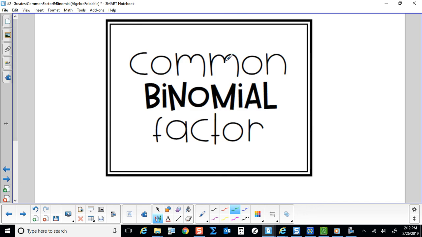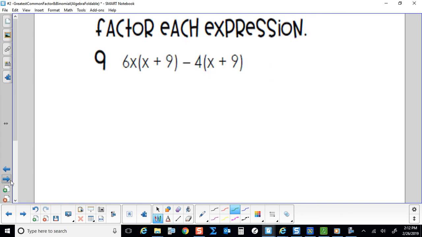Now let's look at the common binomial factor. Take it up a notch. So factor out each expression. So here I have the expression 6x times the quantity x plus 9 minus 4 times the quantity x plus 9.